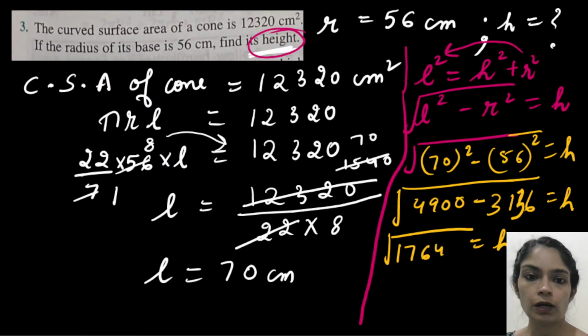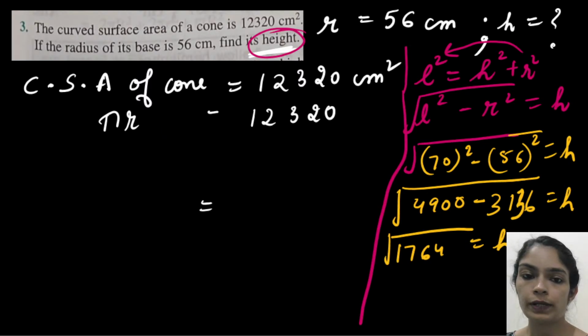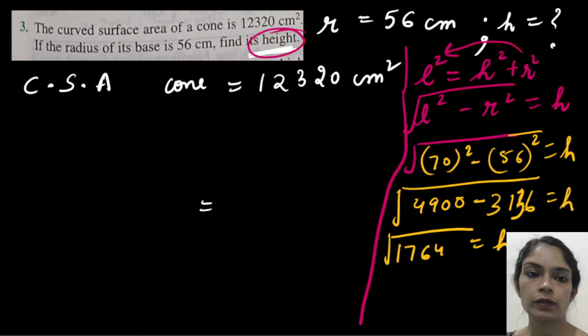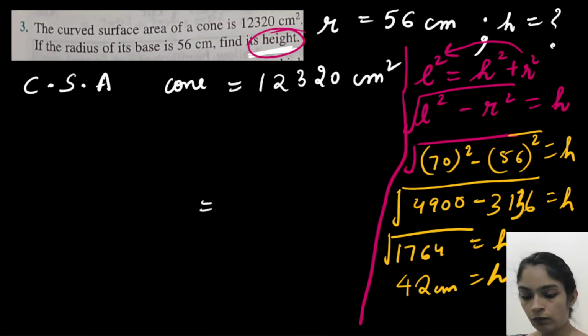So I hope you know how to find the value of a square root. By prime factorization you can do, or by the long division method also you can do. 42, okay. So already done. 42 centimeter. I was about to say 42 centimeters. See, square root I am not teaching here.